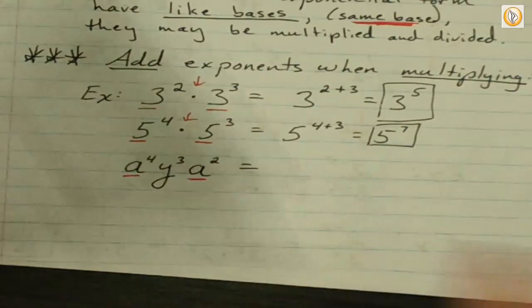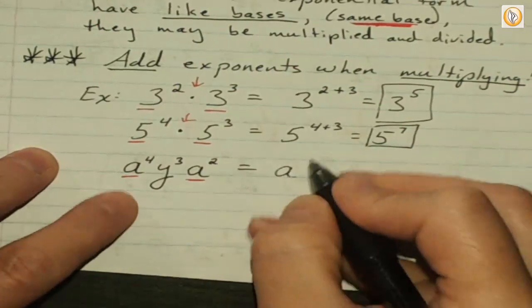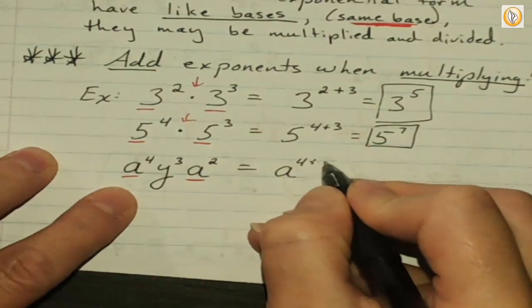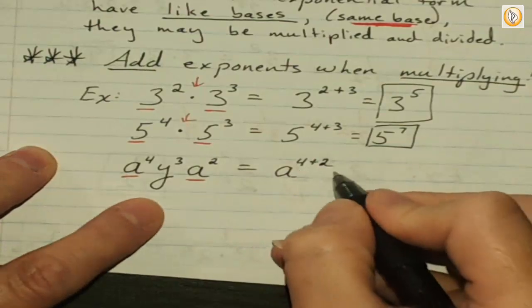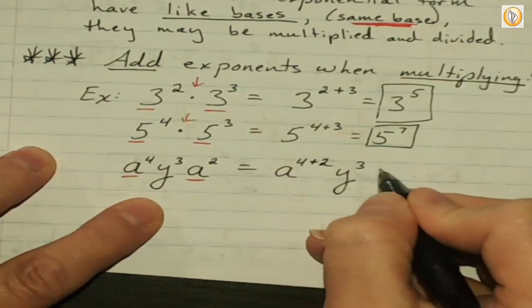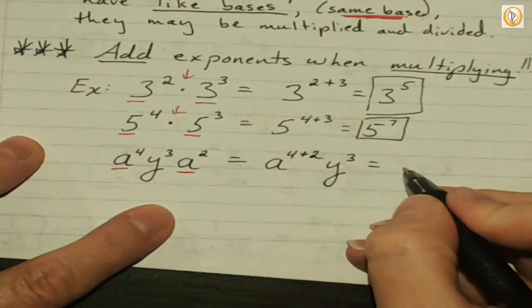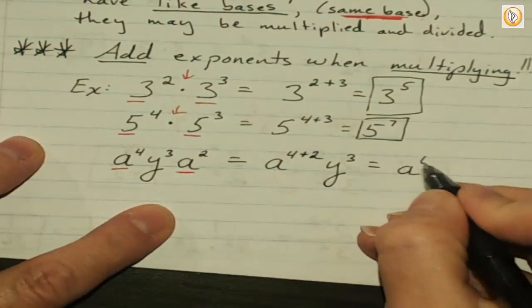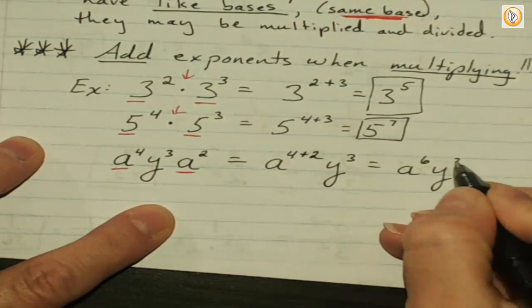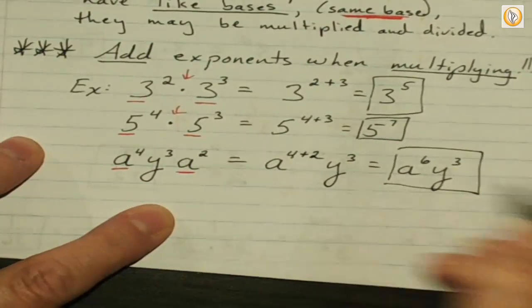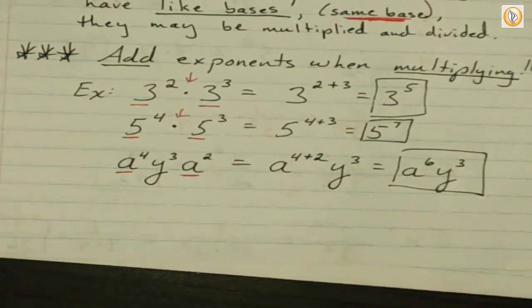You add them. Okay, so then I have a to the 4th plus 2 power times y to the 3rd power. And Joseph, 4 plus 2 is? 6. So it's a to the 6th power times y to the 3rd power. And that is your answer, because you can't do any more with that. Excellent. Y'all get that?